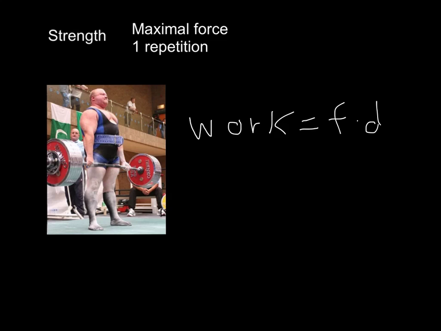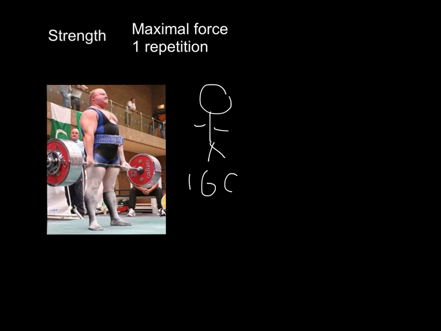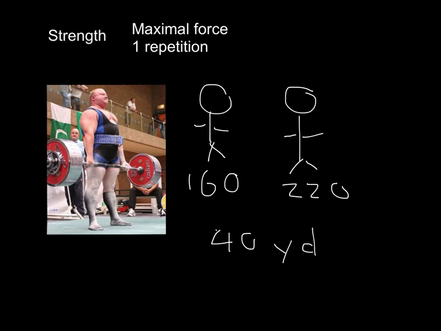Force times distance. So if we have two guys, right, and they're running in a foot race, guy number one weighs 160 pounds, and guy number two weighs 220 pounds, and they both run a distance of 40 yards.